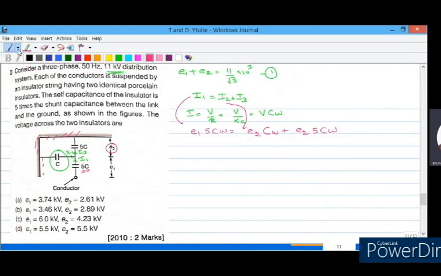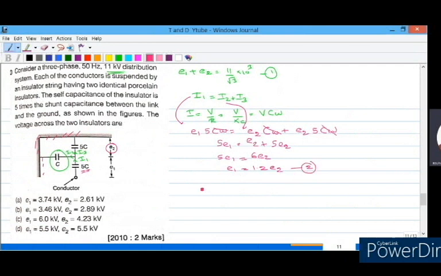So take out all the common terms. It is 5E1 is equal to E2 plus 5E2. So actually it is 6E2. It is 5E1. So E1 can be written as 1.2 E2. This is the second equation.